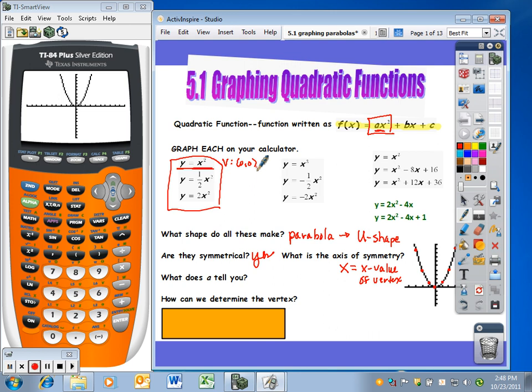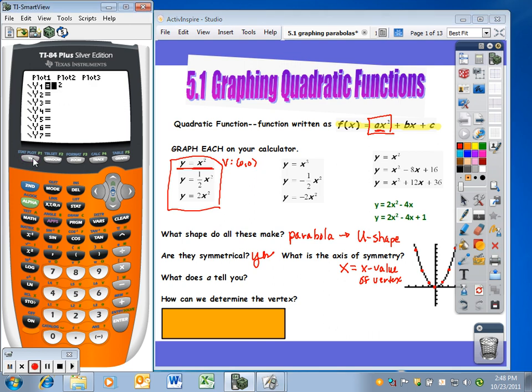Let's investigate what that a does. First, we're going to try positive 1/2 x squared. There's the parent. There's the 1/2 x squared. Notice the positive. It's still opened up, but what's the difference between a 1x squared and 1/2 x squared? This is the 1x squared. This is the 1/2 x squared.